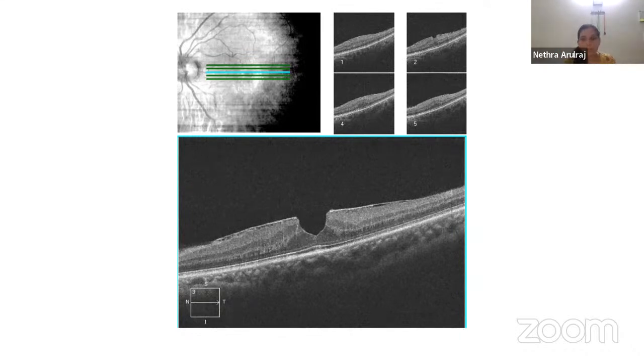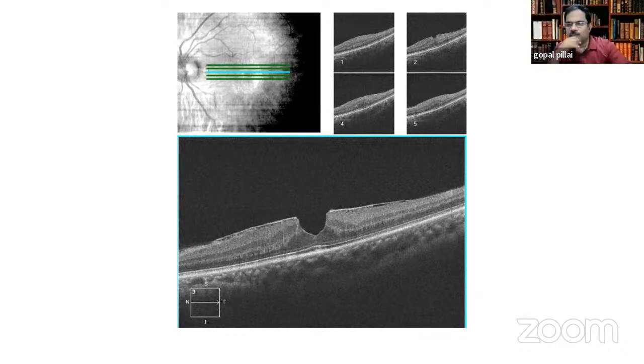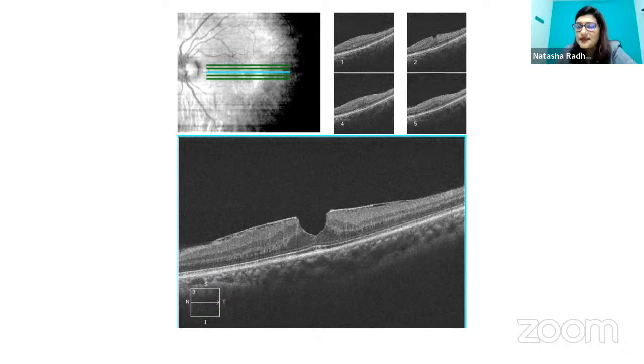It starts with W. It's called the Watzke-Allen sign. If it's a full thickness macular hole, the patient will appreciate a break when you put a slit beam across the fovea. But here the patient will not appreciate a break because the outer layers are quite intact.